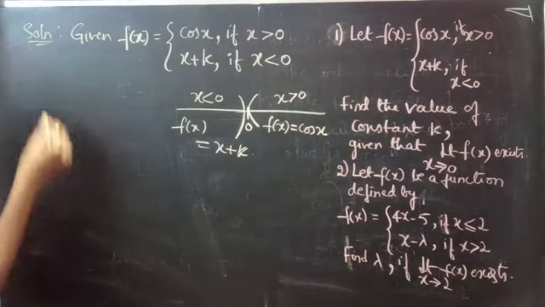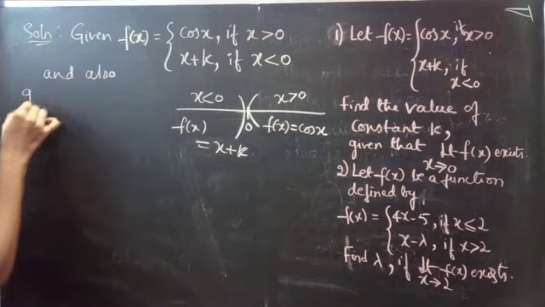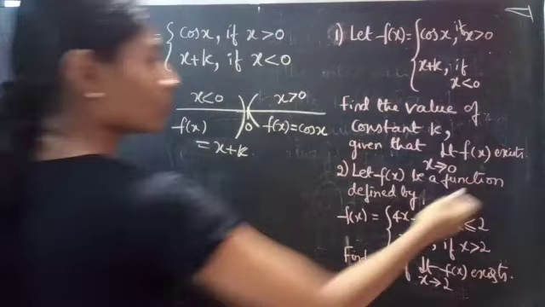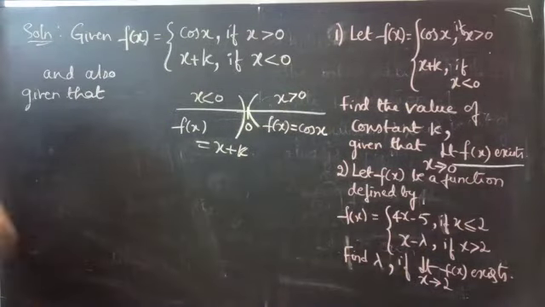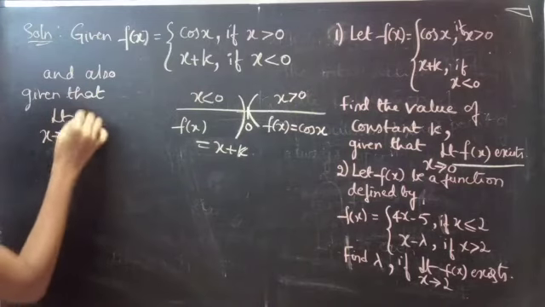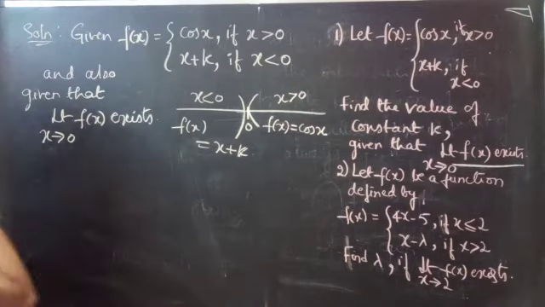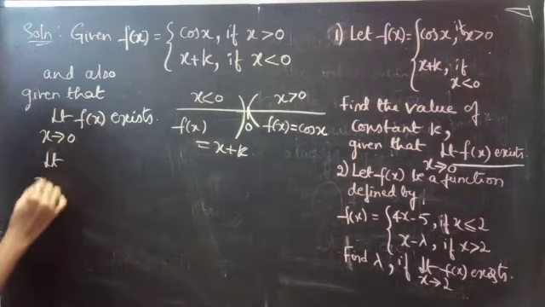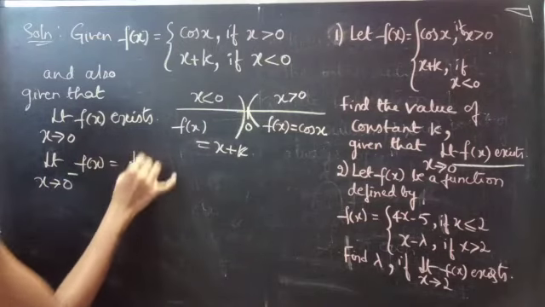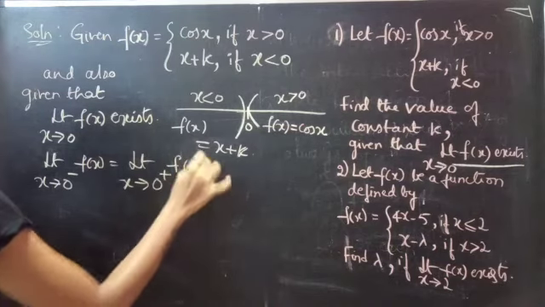Okay. And also given that limit x tends to 0 of f of x exists, which is nothing but limit x tends to 0 minus f of x equals limit x tends to 0 plus f of x.